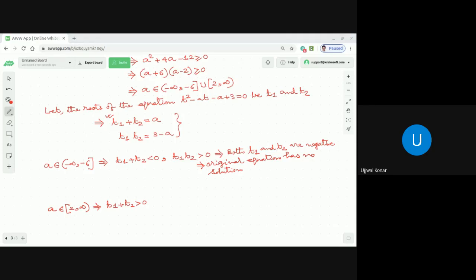So that means at least one of the roots is greater than 0. The moment we can say t1 plus t2 is greater than 0, that implies at least one of t1 or t2 is greater than 0.